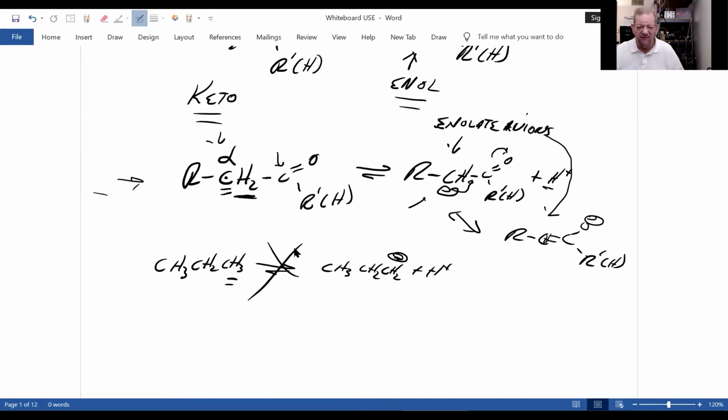When you make something more stable, it's more likely to go to that, easier. So the enolate anion is formed when you pull off an acidic hydrogen. That means you can pull it off with a base. And that's the enolate anion.